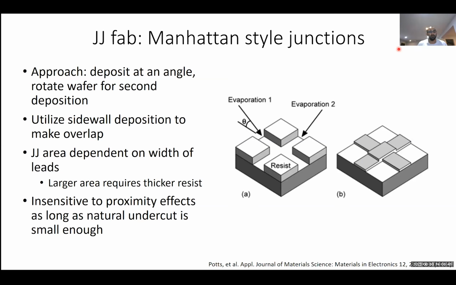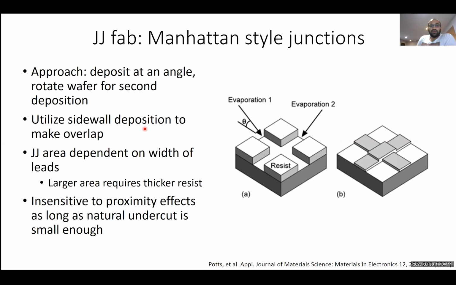Okay, the last style that I want to talk about is the Manhattan style. So the Manhattan style is a seemingly very simple method. Basically, you pattern a cross that looks like this, and you deposit at an angle, and then for your second deposition, you rotate the wafer along the planar axis and deposit along this direction.